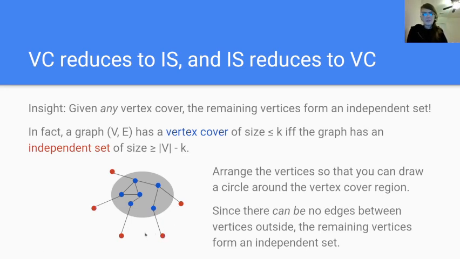All these vertices are just sticking out like spokes into the vertex cover. So that makes these an independent set. There's no edges between them. That makes them an independent set by definition.